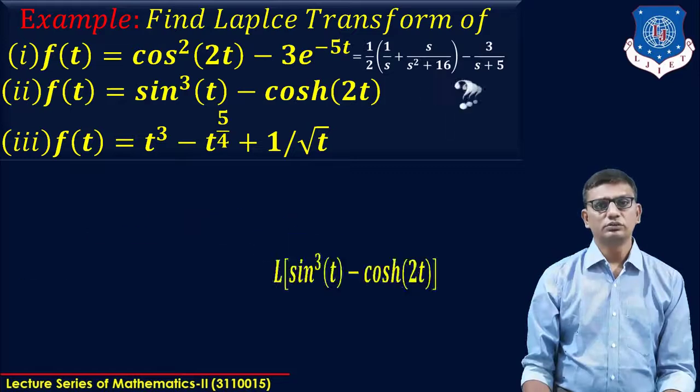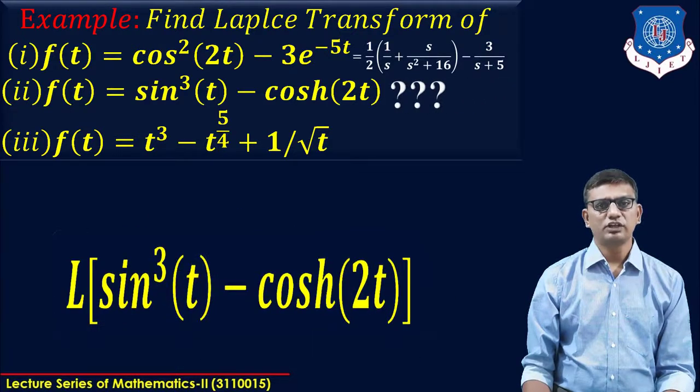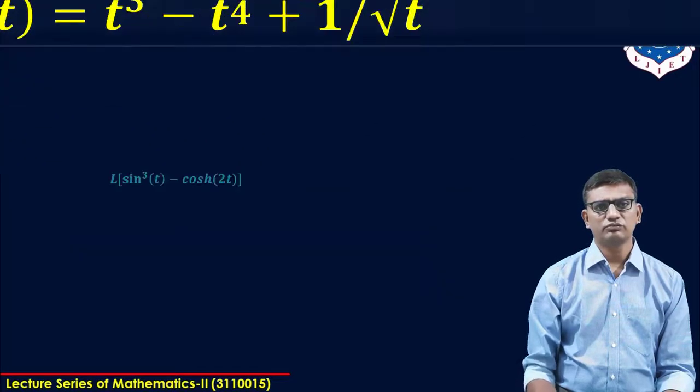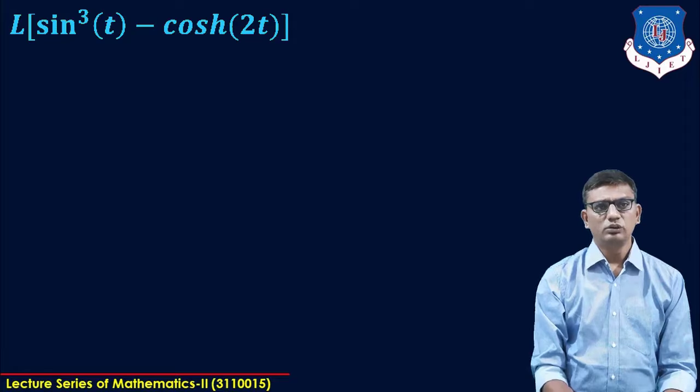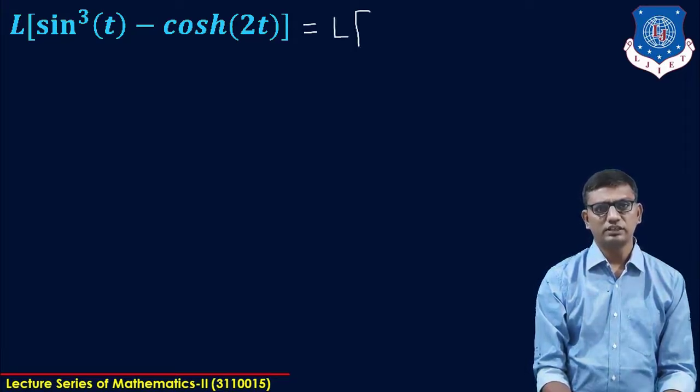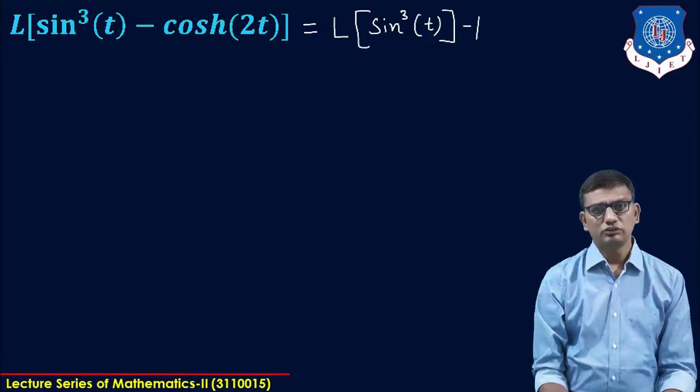So now we will go to the second example, Laplace of sin cube t minus cos hyperbolic 2t. Here also we apply the direct formula of Laplace transformation. Now we will start our example. This Laplace can be written as Laplace of sin cube t minus Laplace of cos hyperbolic 2t.